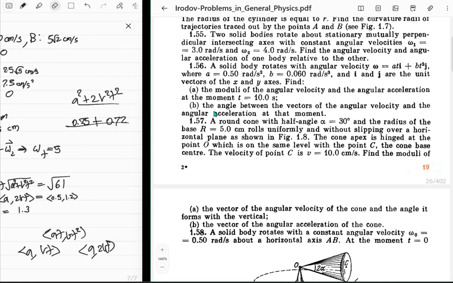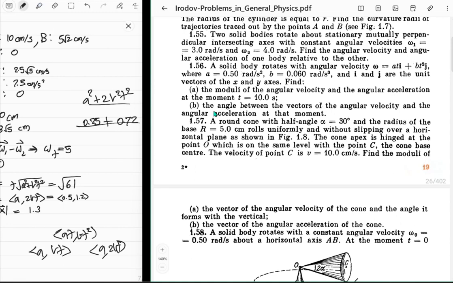This 61 is that times speed would give this thing. So this upon 10. Yeah. So it should just be square root of a squared plus bt squared. And that would be 0.25 plus bt. bt is, okay, 0.36. So it's going to be 0.61. Square root of 0.61.